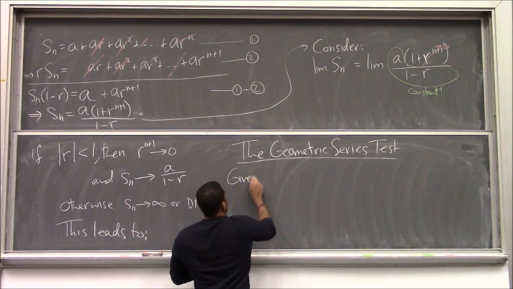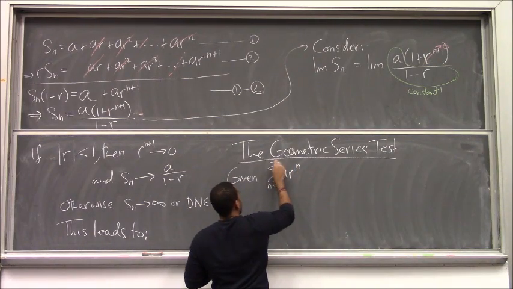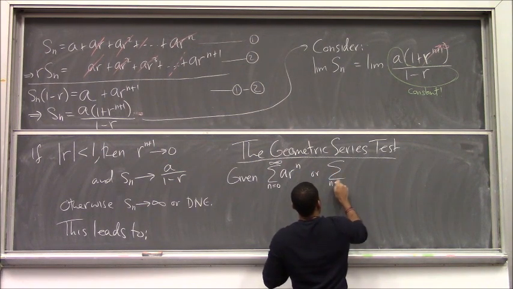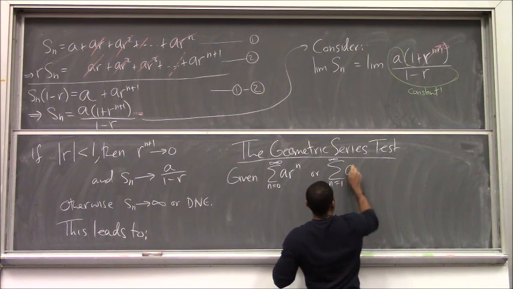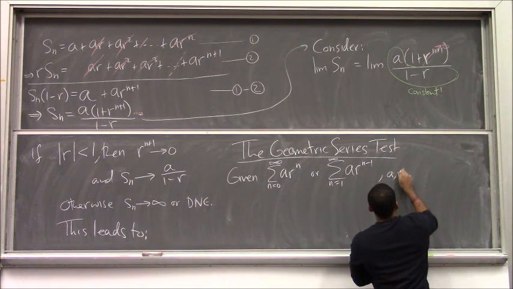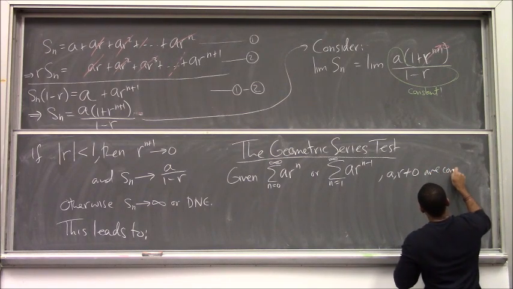Given the series AR to the n, if n starts from 0 to infinity, or n starts from 1 to infinity, of AR to the n minus 1, where A and R are not 0, are constants.